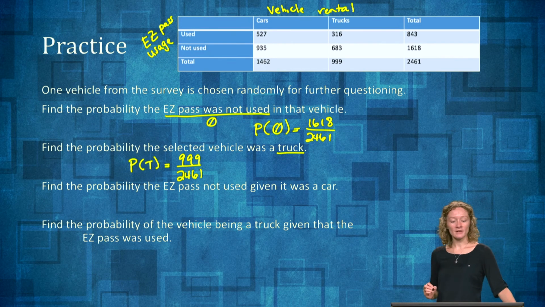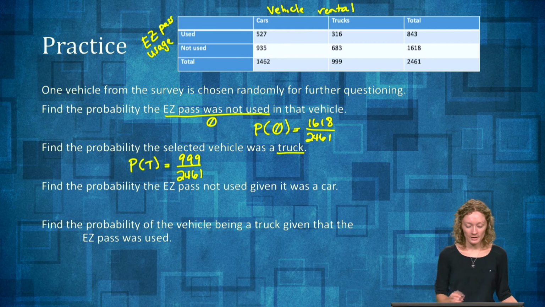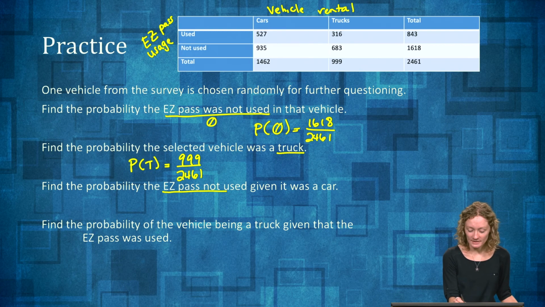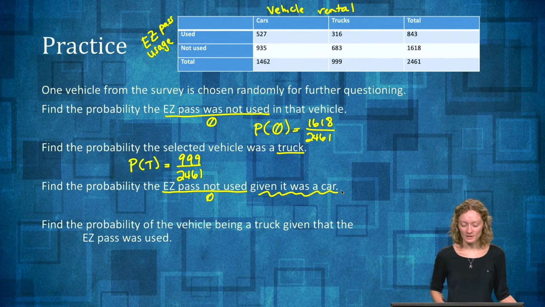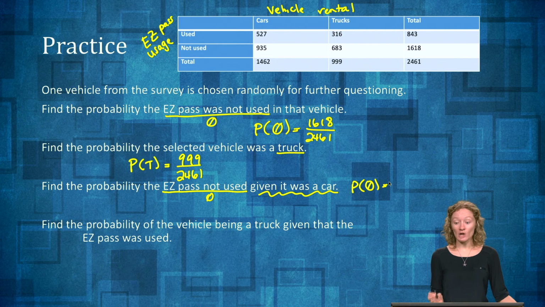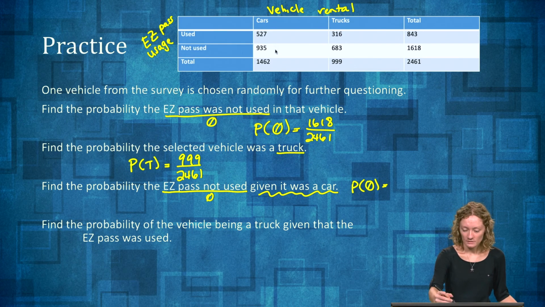All right, third question: find the probability the E-ZPass was not used given it was a car. We're looking for E-ZPass not used, but we have a given, it's a car. So we want probability of not used given it's a car. How many cars were there in the study? These are our cars. There were 1,462 cars.